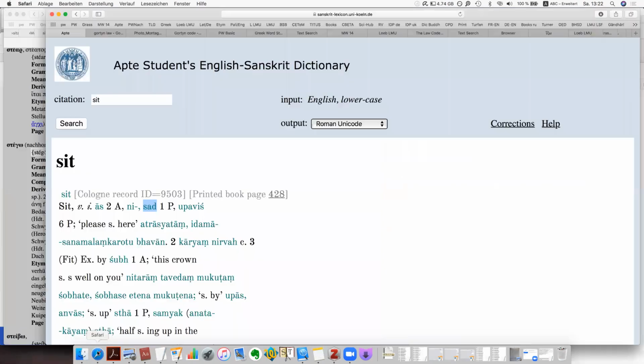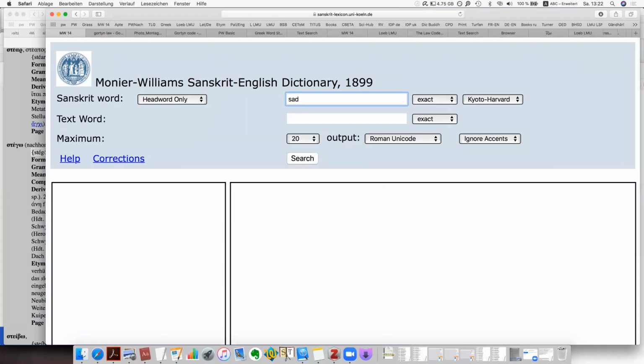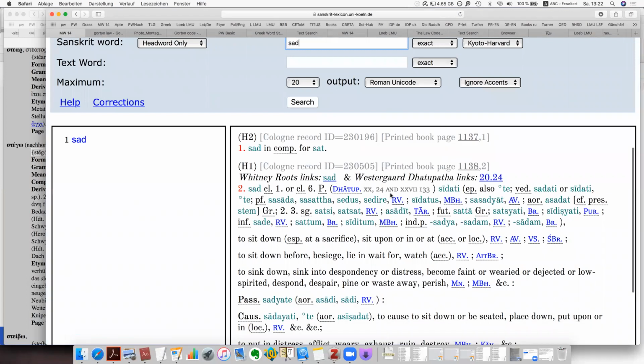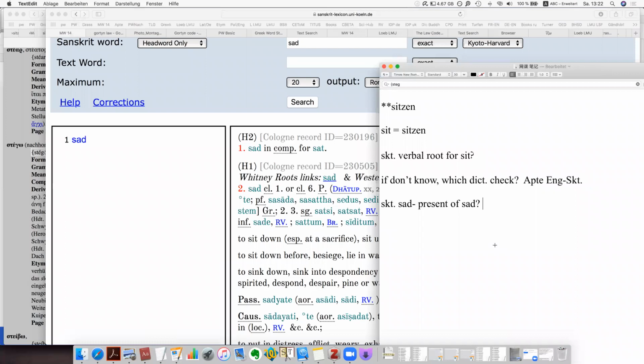So we should go to the dictionary, right? I think you can get this information in every Sanskrit dictionary. It's pretty easy. I put sat here, and then check it. So this is nisidati, or sidati, right? So you have sidati here. So this is a present, right?